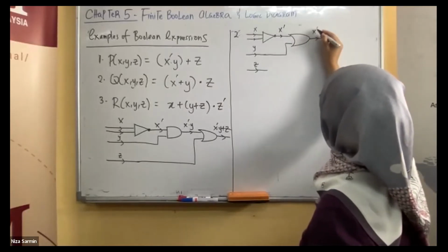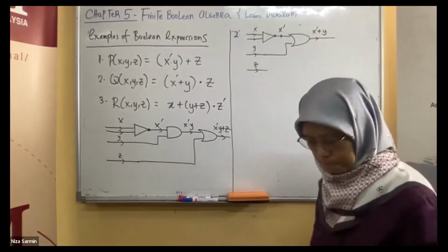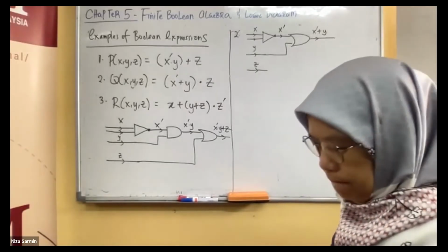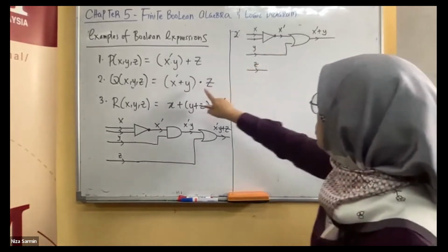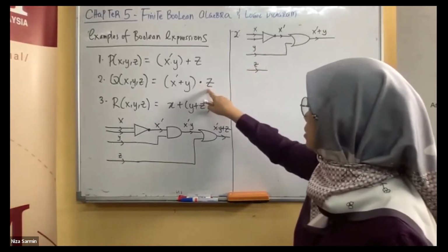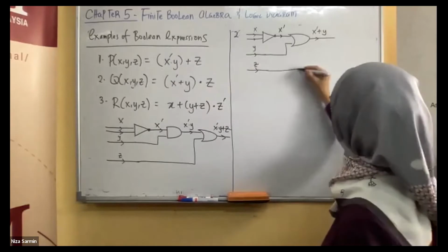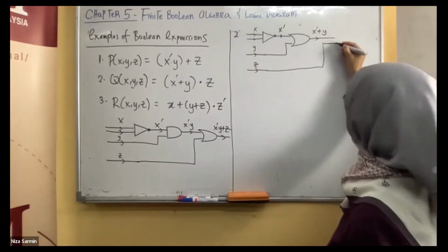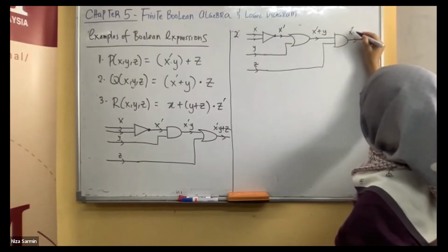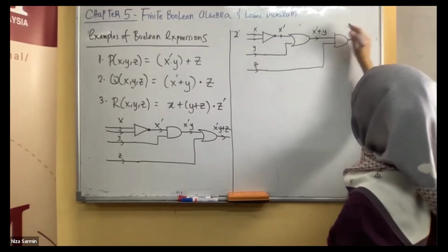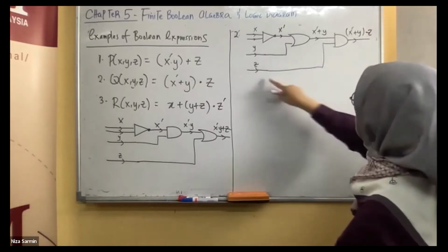So this is x prime plus y. Okay, and then you want to multiply by z. So you bring this, right? Then this multiply by z.